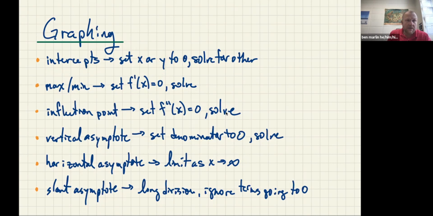Then for maximums and minimums, you are totally going to be able to just see them on the graph if you've got a good graphing program. But I'm asking you to do exact values. So if you set f prime of x equal to 0, and say the f prime of x turned out to be x squared minus 2, you set that equal to 0 and solve, and you get x equals plus or minus radical 2.